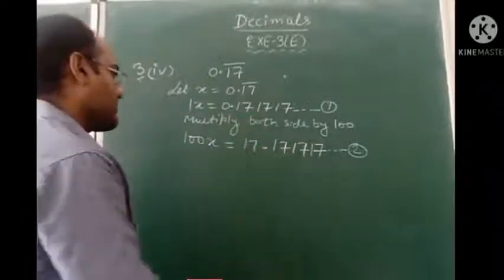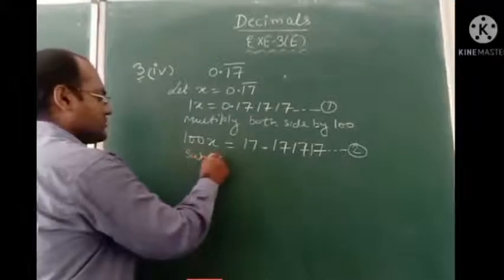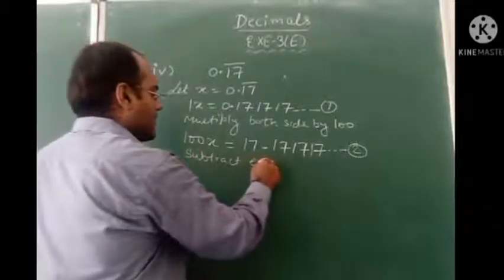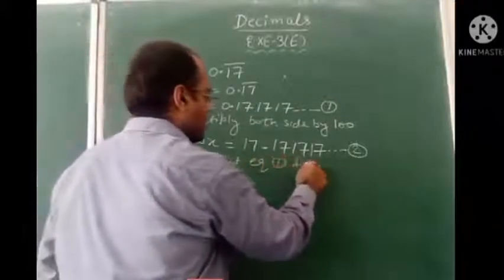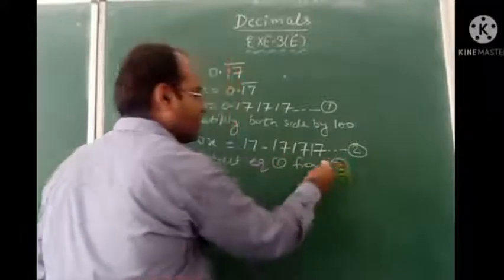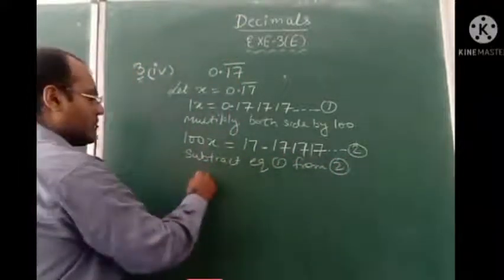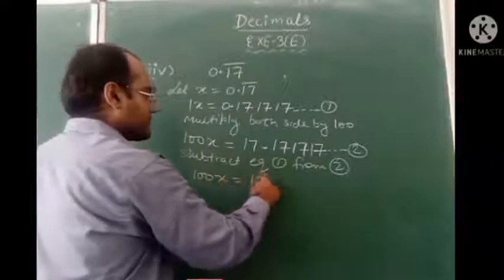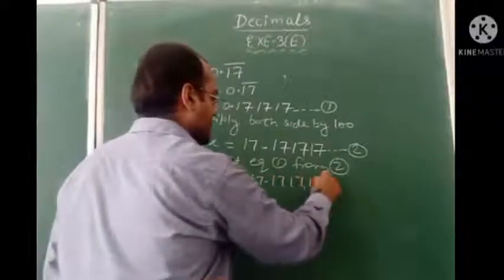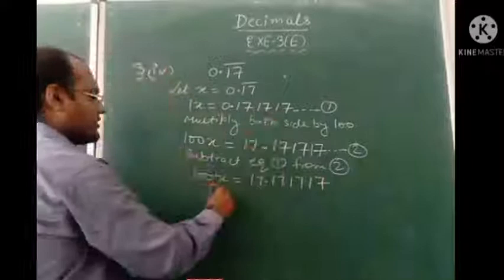Now we will subtract equation 1 from the second. Since "from" is followed by the second, this second equation we will write first. The first equation we will write downside.